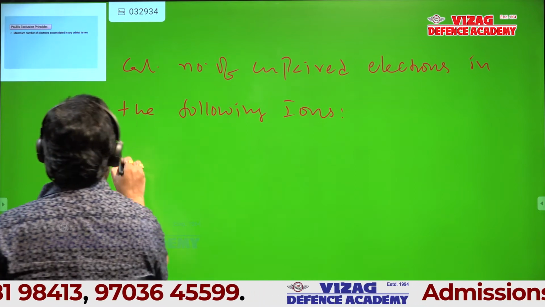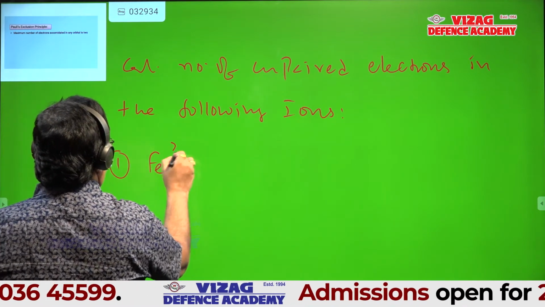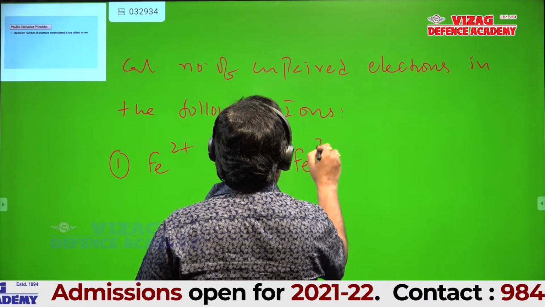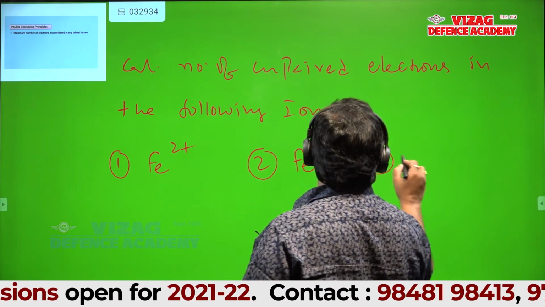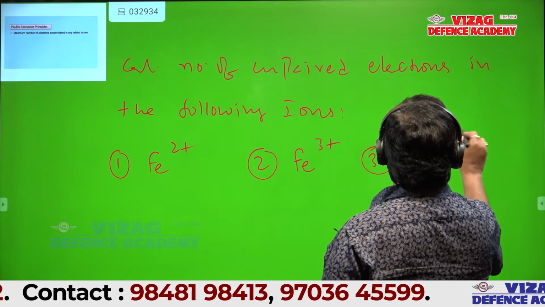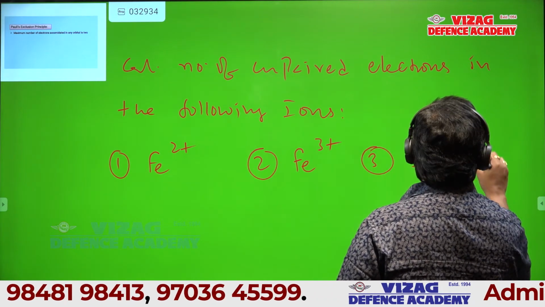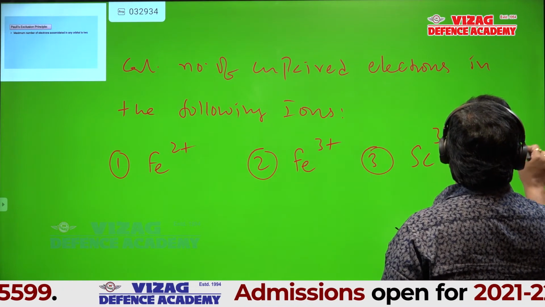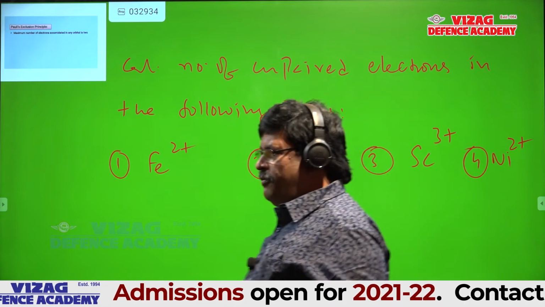First one, Fe2 plus, Fe3 plus, scandium 3 plus. Fourth one, nickel 2 plus. Just you first write the question.